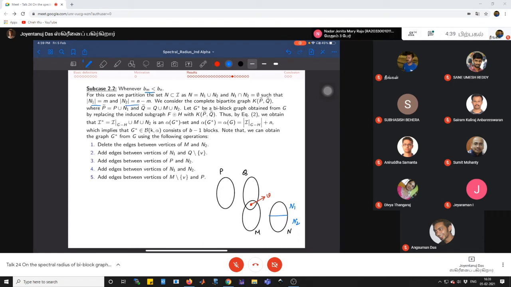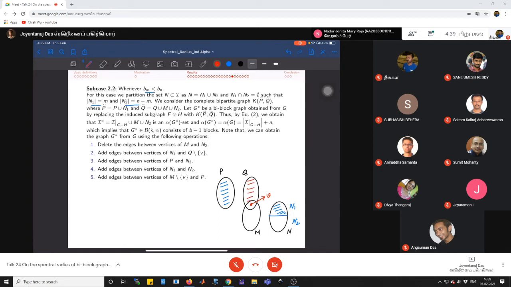Next we consider the complete bipartite graph, where P tilde is P, and we are taking only N1, not half, but a partition of a part of the total vertices, and Q tilde will be this portion.